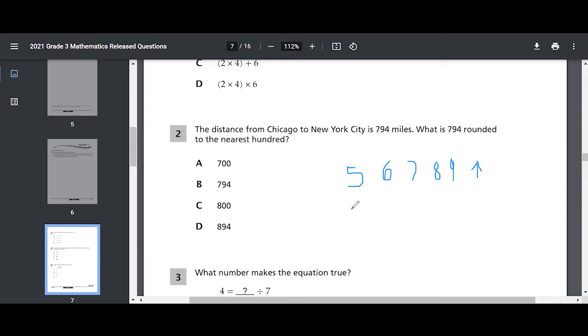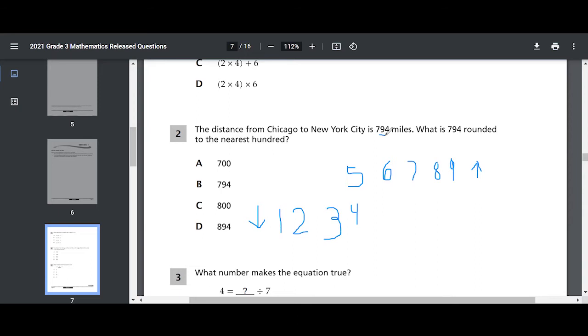If our numbers are 4, 3, 2, or 1, we're rounding down. We also know that when we're rounding to the nearest 100, we have to look at the number in the tens place, which is the number 9.